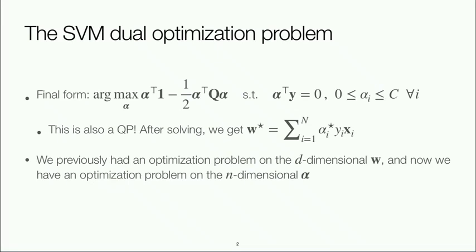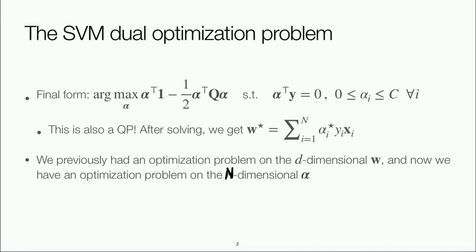Now, what we have is an optimization problem on the capital N-dimensional alpha, so that's a little too thick. Let's rewrite that. Where n is the number of data points that we have.